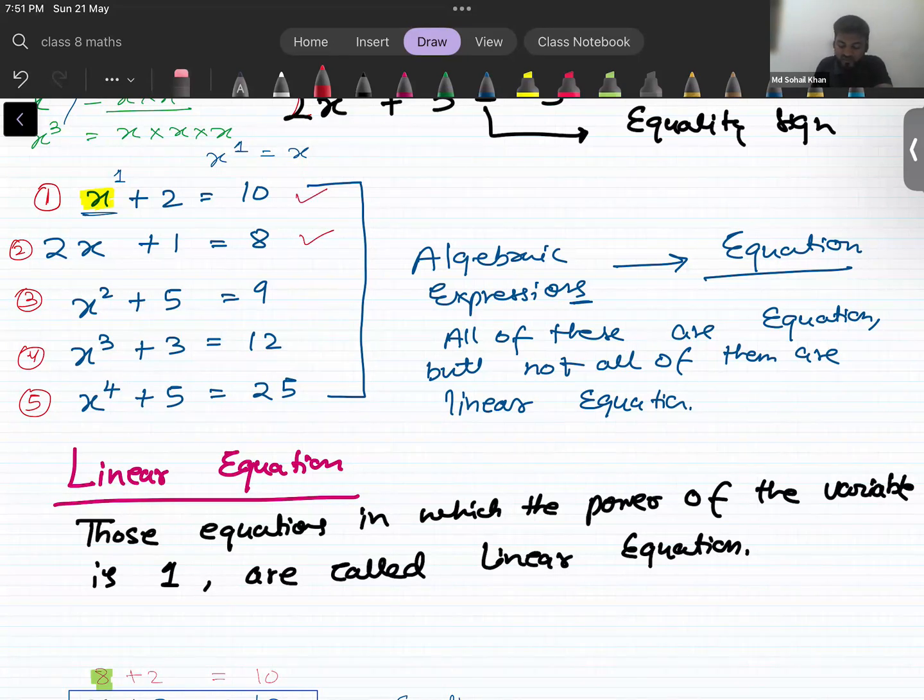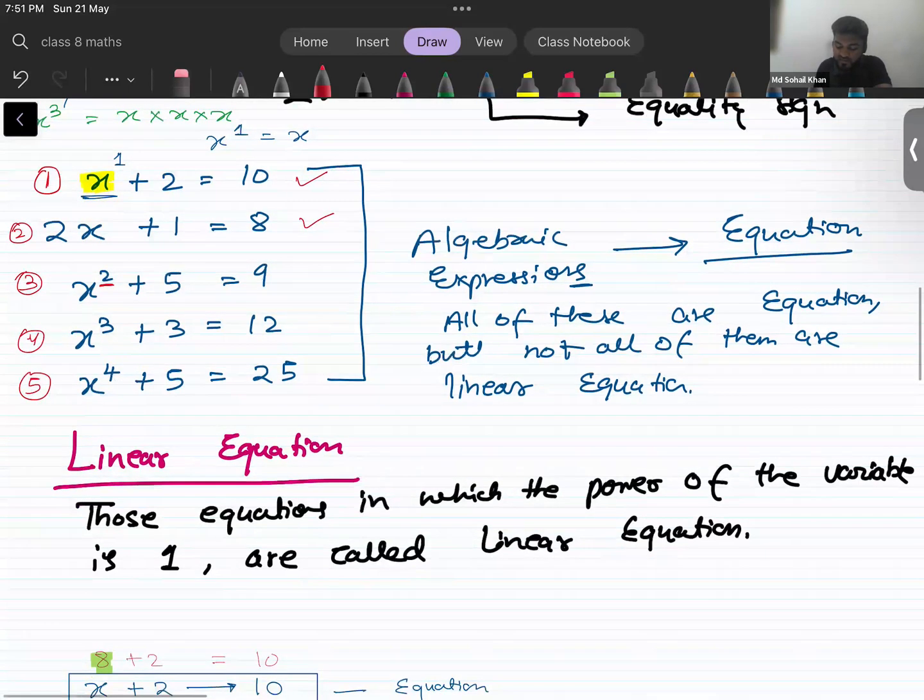If you see example number 3 here, what is the power of the variable x? It is 2. But as per the definition, the power has to be 1. So is option number 3 a linear equation? No, it is not. What about option number 4?